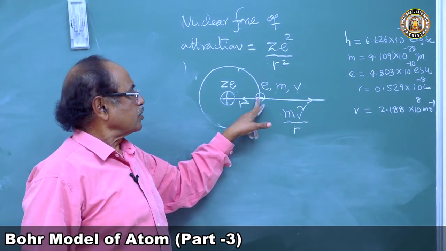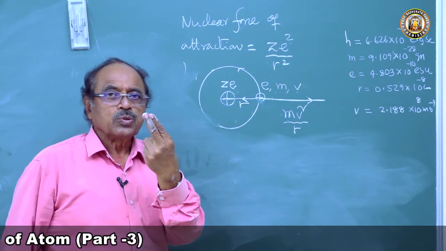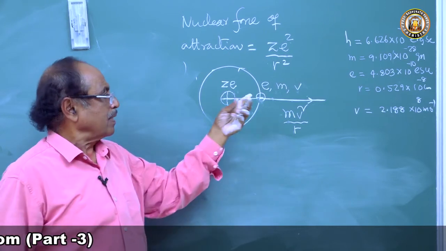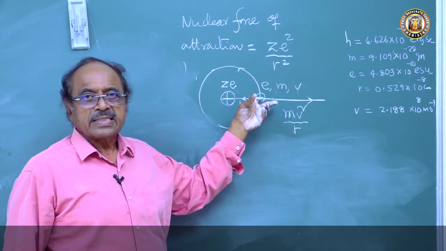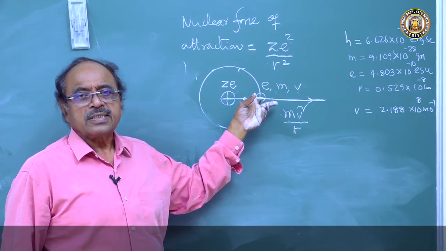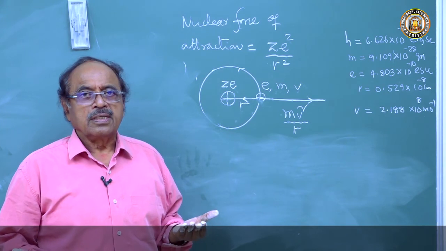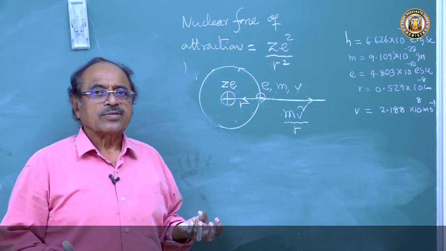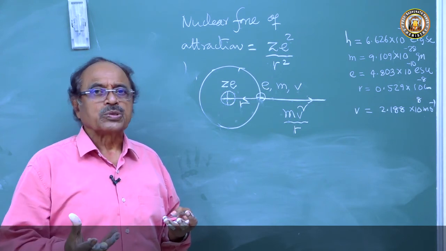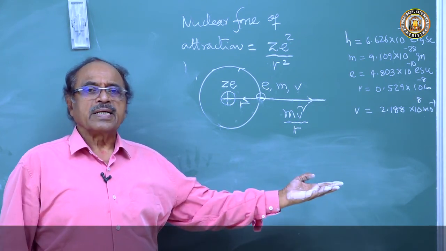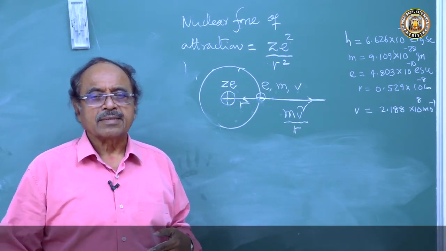The electron is moving, so the total energy of the electron will be the sum of the potential energy of the electron due to its position and the kinetic energy of the electron. If you take the sum total of these two, you get the total energy of the electron. So next class we will calculate the energy of the electron.